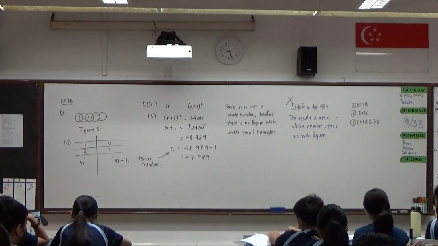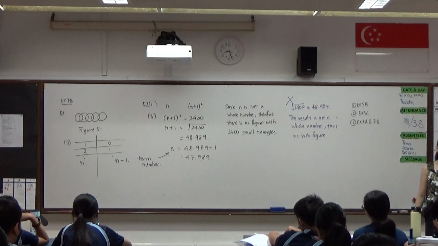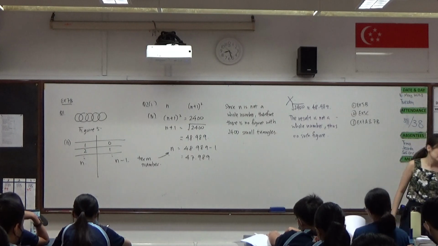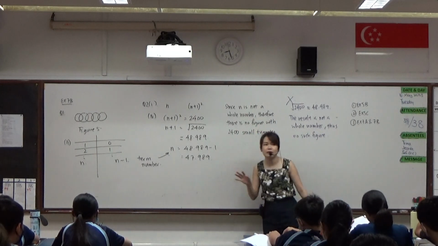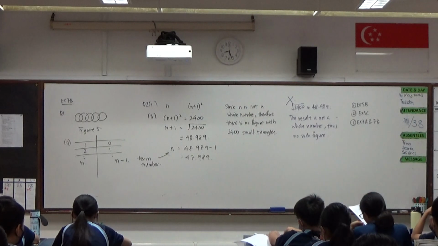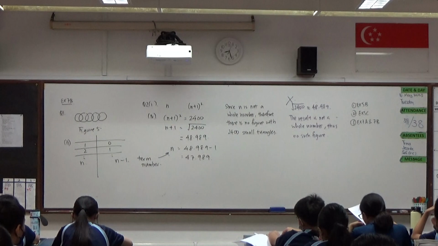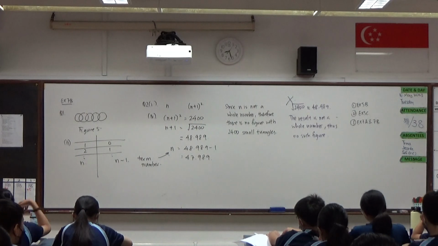Then for question 3, same issue when it comes to part 4. So use the same method, same way of presenting, in order to arrive at your answer. Questions? Alright, so bring your file back home, bring it back on Friday.